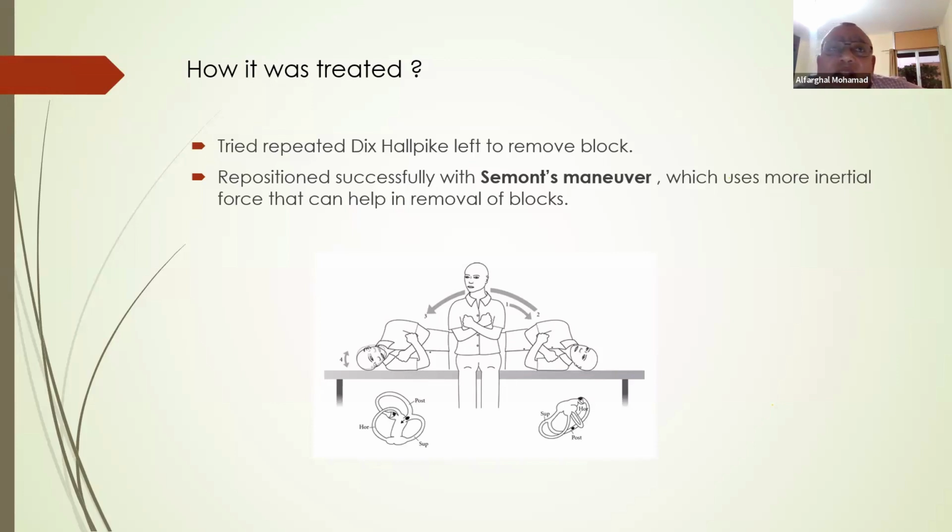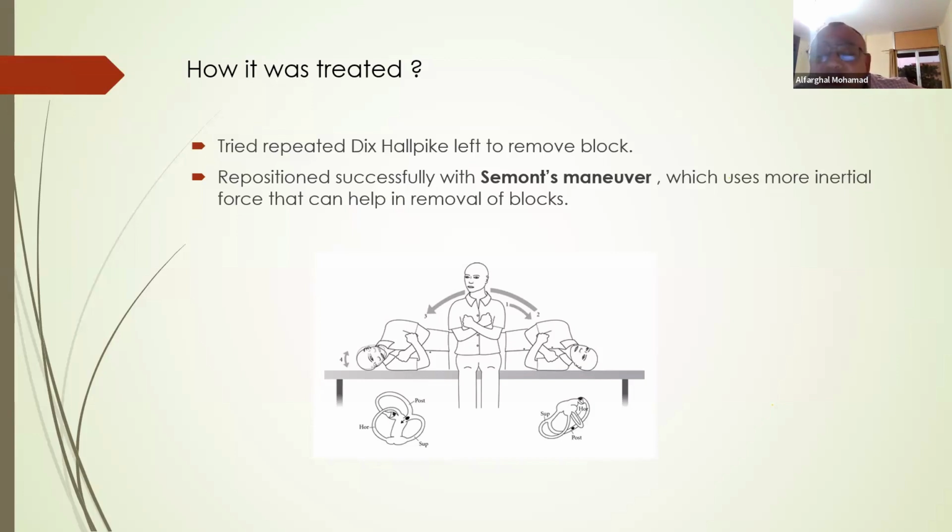And I tell you a very interesting case. I had a 16-year-old boy who presented with a fractured temporal bone on one side with complete loss of hearing and complete loss of vestibular function on that side. And he had BPPV on the other side. So he had severe vertigo. He came on the third day.